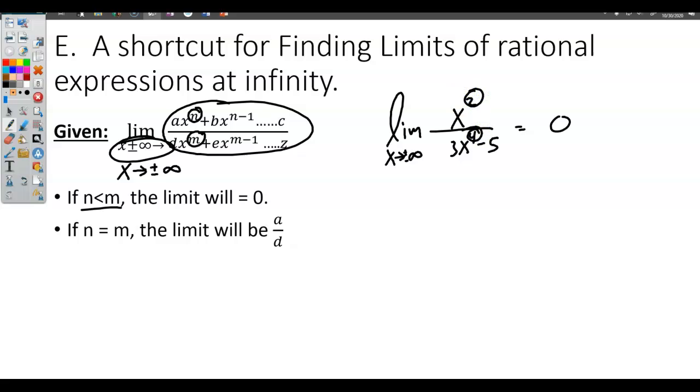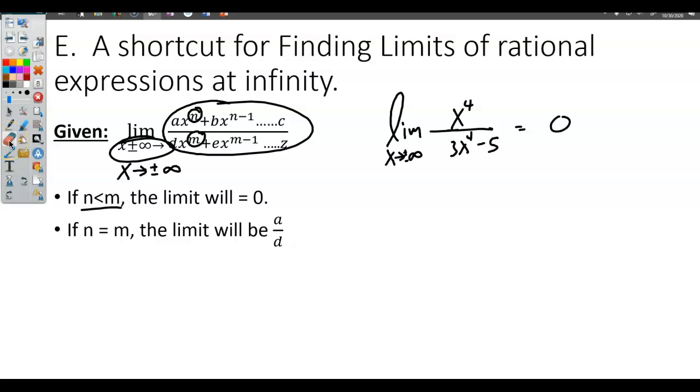Okay? But what about another situation? Let's suppose that they're equal. We actually saw this happen on our last slides in the sample problems that we just finished. Let's say that they had the same power, like x to the 4th over 3x to the 4th.